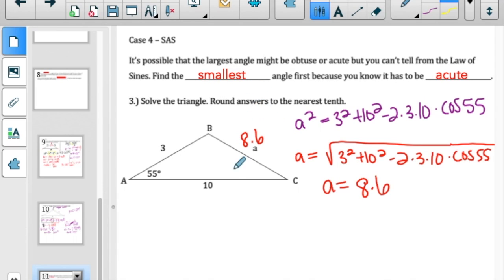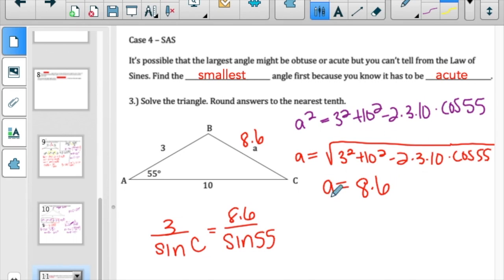So now, with law of sines, I have to find the smallest angle first. Now that I know what this side is, I'm going to find angle B or angle C. Angle C is going to be the smallest angle because it's across from the smallest side. So I need to use 3 and the sine of C. And I don't know what angle B is yet, so I'm forced to use the 8.6 we just found over the sine of 55.